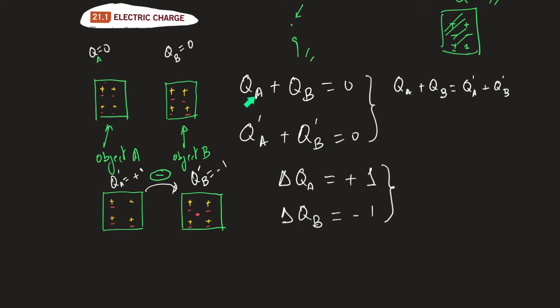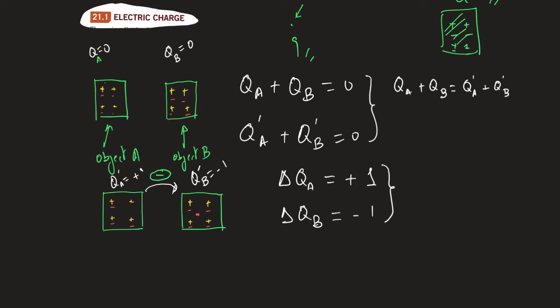Is the total charge in the initial state, QA plus QB, 0? Yes, the total charge here was 0. Is the total charge Q prime A plus Q prime B 0 in the final state, after I move one charge from one side to the other? Yes. I have here a total charge of plus 1 and here a total charge of minus 1.